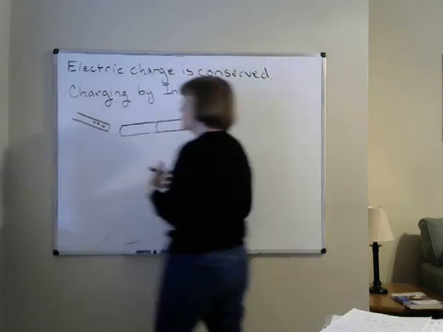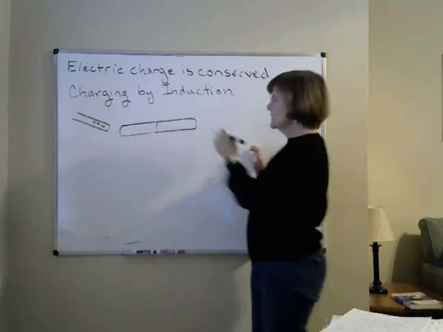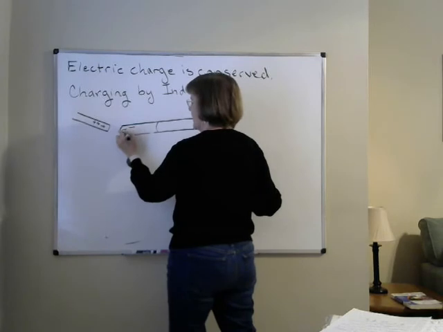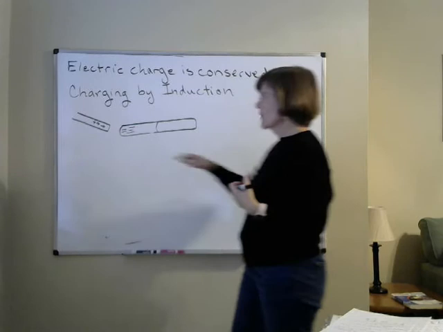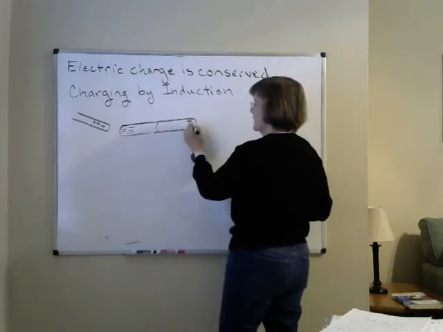well, opposite charges attract. Remember, really only the electrons will move. But what will happen is electrons will travel towards this. So this ends up being negatively charged because those electrons are attracted to this positive. That means this end ends up being positively charged.